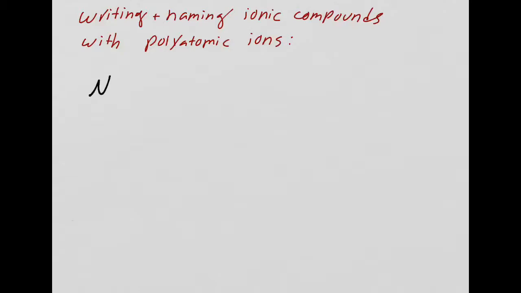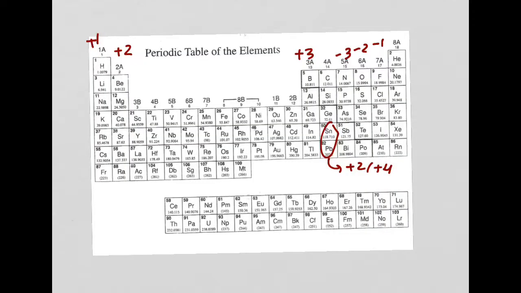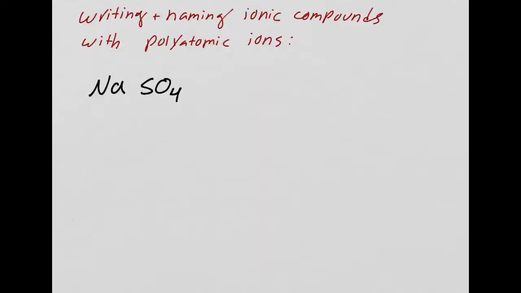I want to put together Na and SO4. When you see Na, I want to look at the periodic table. Take out your periodic table again. Sodium is right here, group 1A, so sodium has a +1 charge. And then I'm hoping you look at SO4 and you go, this is not sulfur and oxygen. No, this is a polyatomic ion.